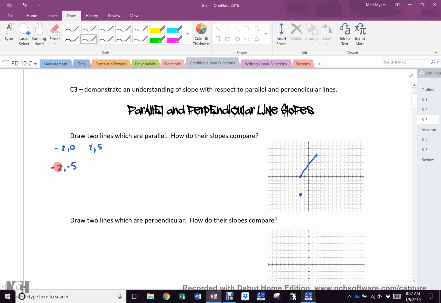Sorry. And to +2, 0. And connect that line.